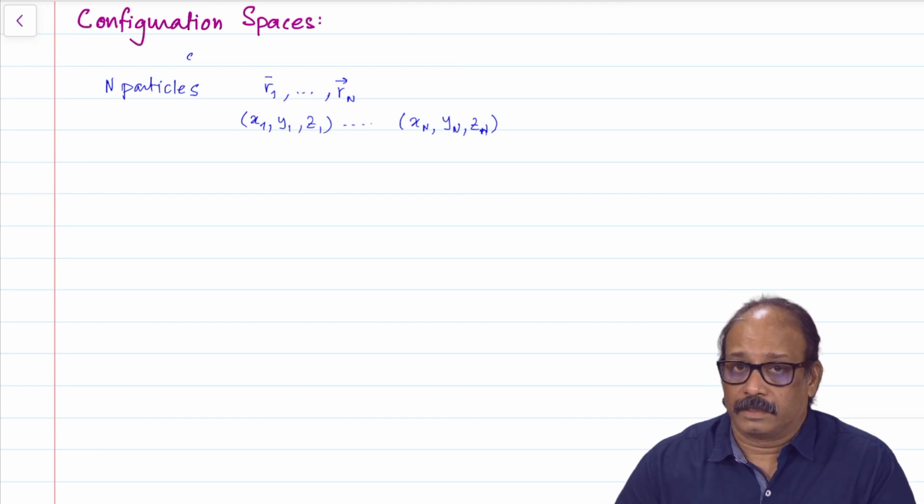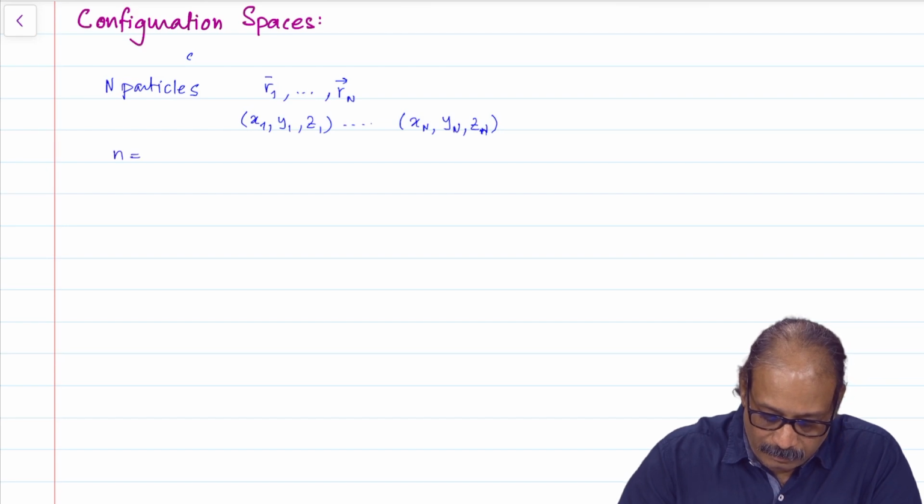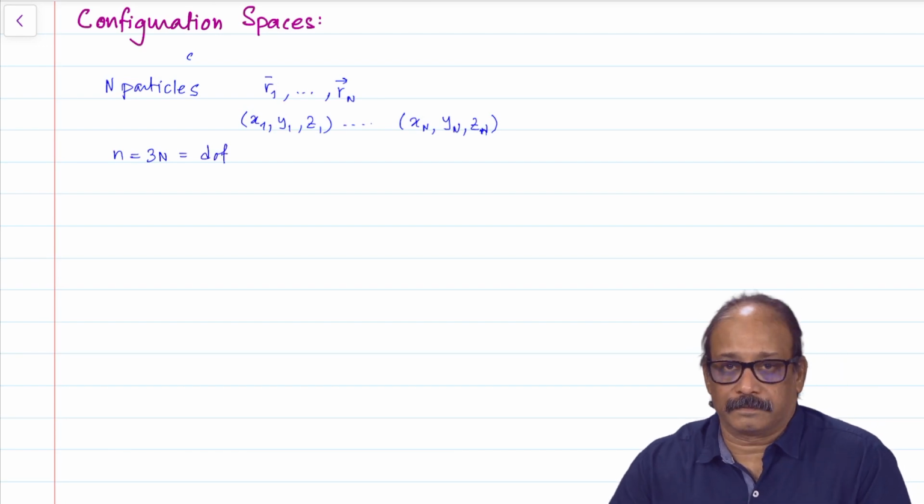Okay. So, there are 3 n coordinates, and I will denote small n, which is 3 n, and this is in fact the number of degrees of freedom of this system.